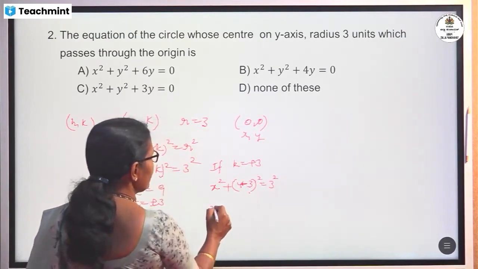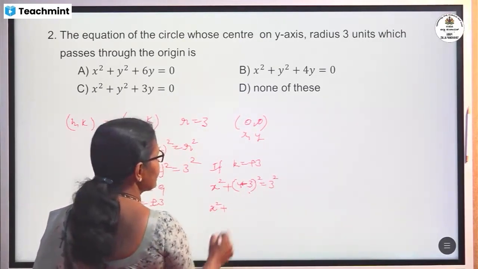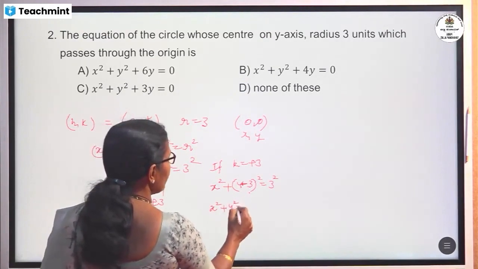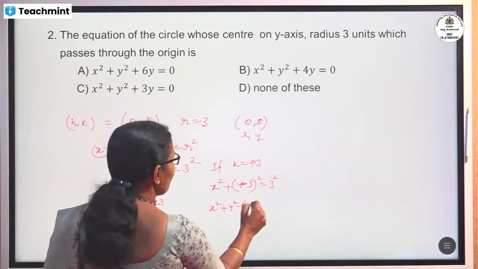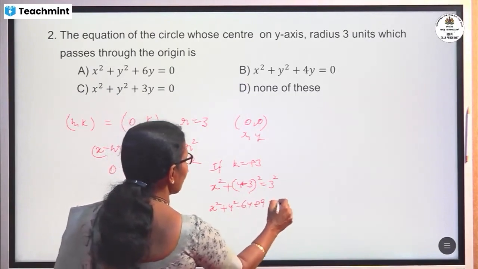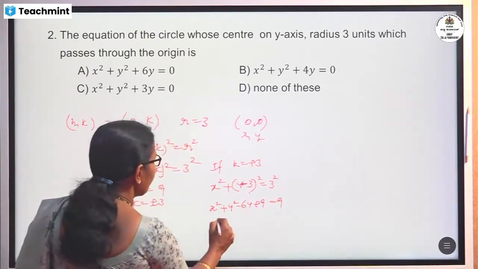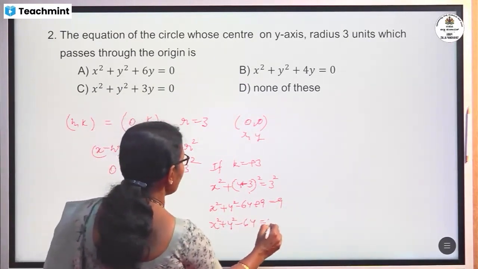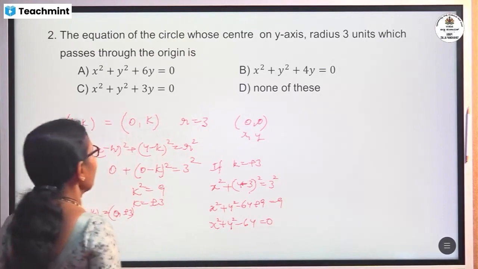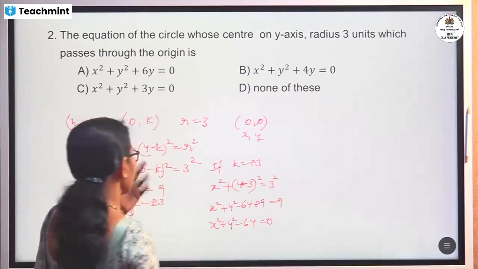Then the equation is x square plus y square minus 2ab, 2ab means 6y, plus 9 is equal to 9. Then we get x square plus y square minus 6y equal to 0. But this option is not there.